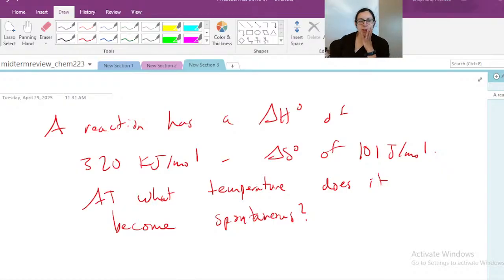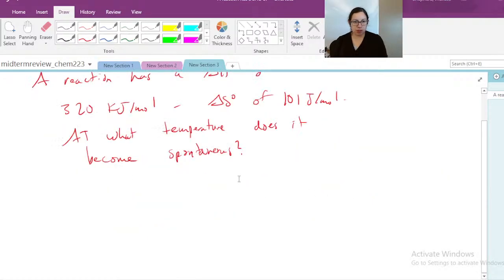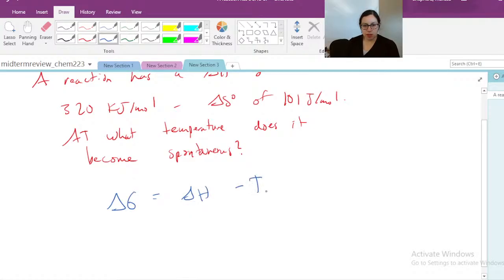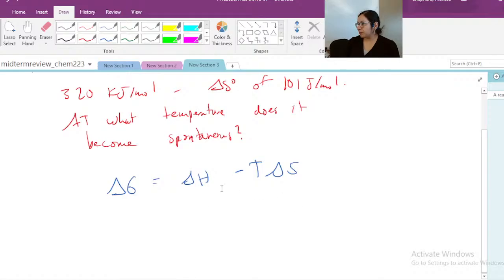All right, do we have an answer for this one? Or I guess let's start with what formula do we need? So delta G equals our change in enthalpy minus T delta S. I assume that one, right?